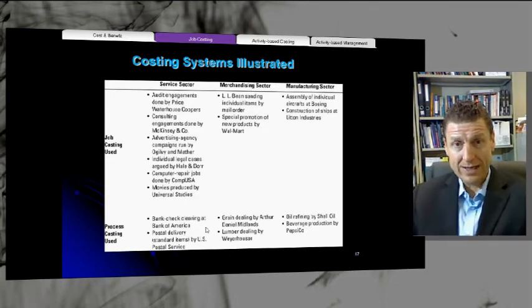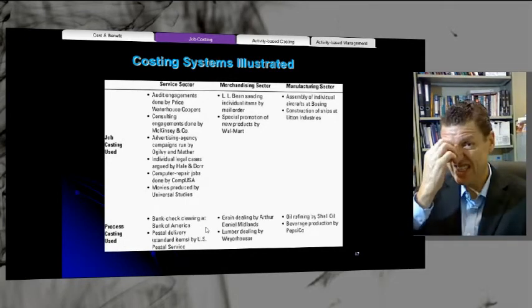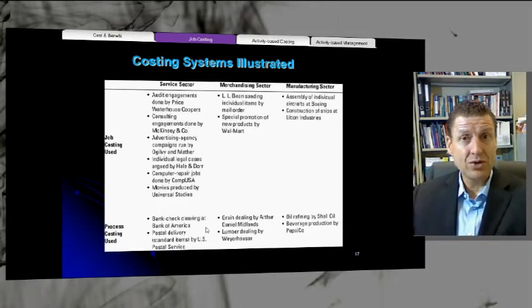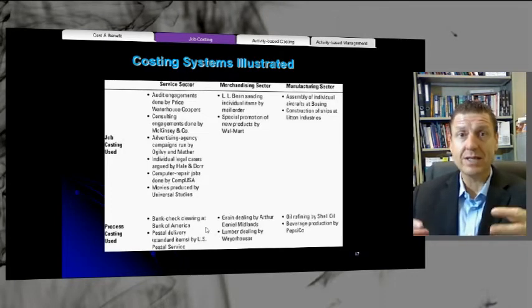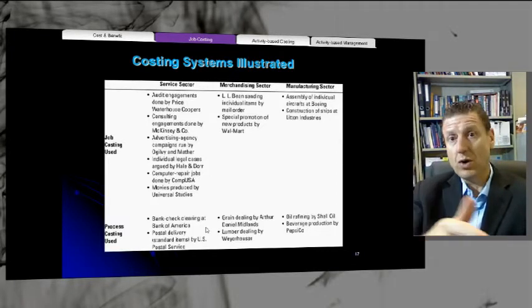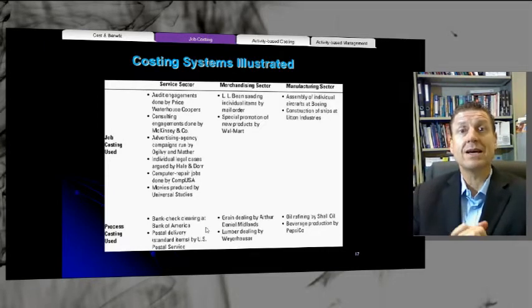We can have a look at different cost systems that are illustrated under job costing and process costing. As I mentioned, the service sector is a huge sector of many economies around the world now, so audit engagements, consulting engagements, IT engagements. Then the merchandising sector, that is retail stores, sales promotions, and you've got examples here of LL Bean or Walmart. Manufacturing sector: assembly of individual aircraft at Boeing, construction of ships at Litton Industries.